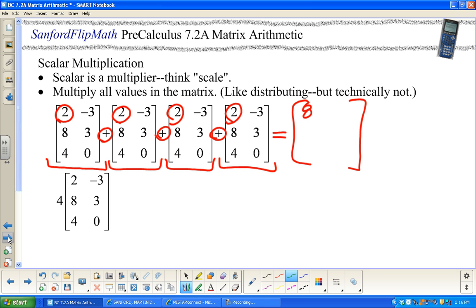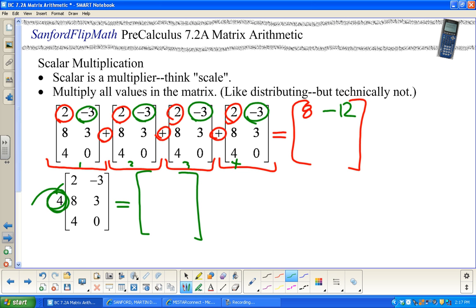And if I was going to do -3 plus -3 plus -3 plus -3, that would be -12. Well, there is a shorthand for all of this, since they are all the same, and there are 1, 2, 3, 4 of them. You could just multiply by 4. And what you would end up doing is what you would think you would end up doing. You multiply each one of these times 4.